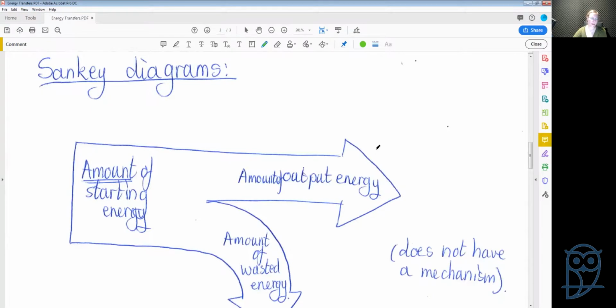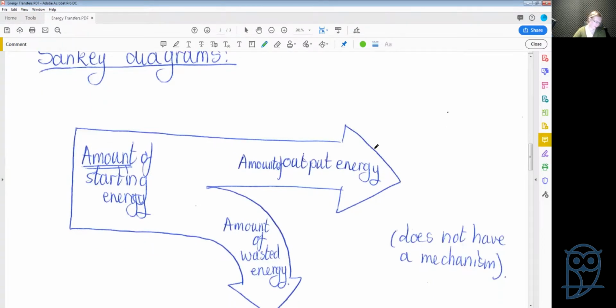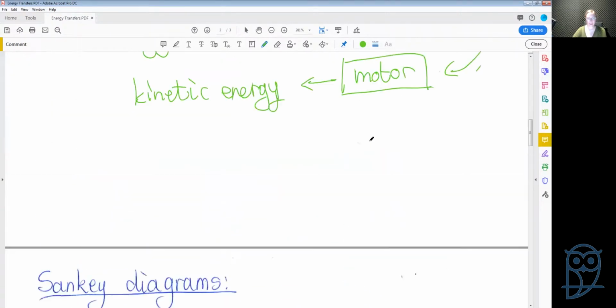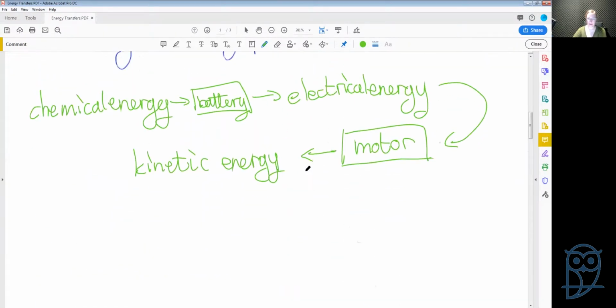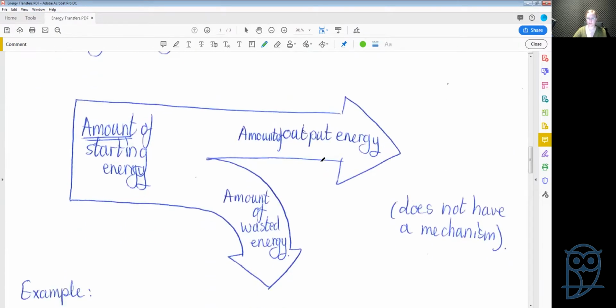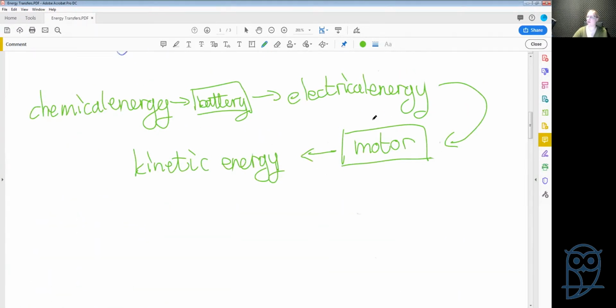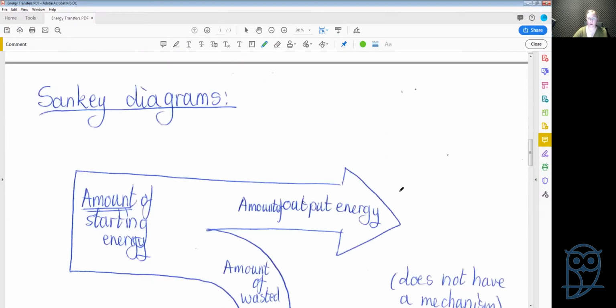But then we get to Sankey diagrams, which, quite similarly to these, describe how energy is being worked with, but there's a key difference. Here it does not have a mechanism. There is no little box that tells us how the energy is being changed, like over here with a motor.